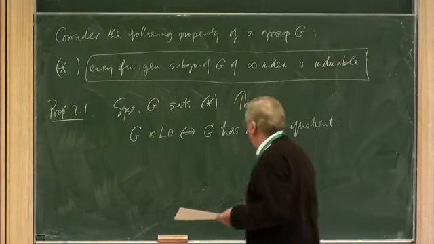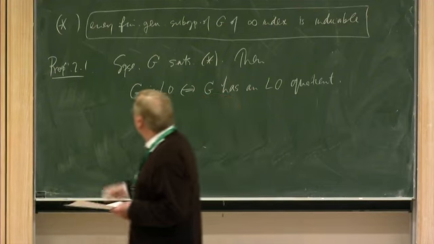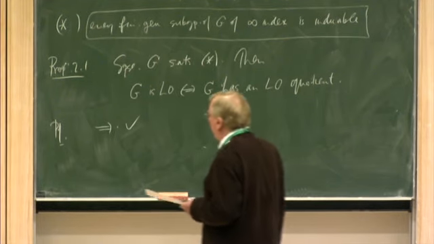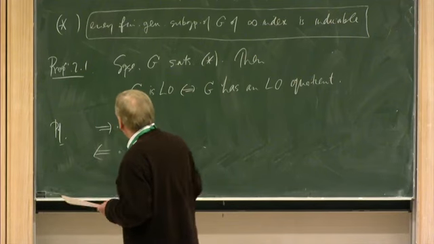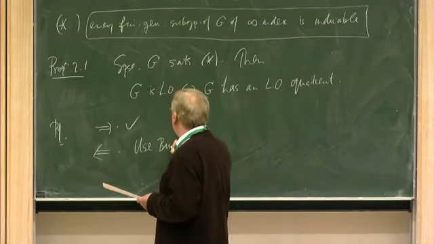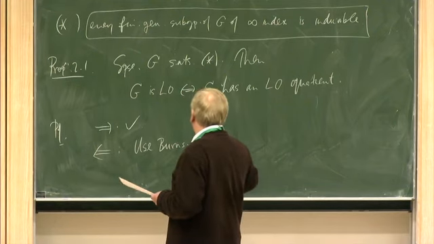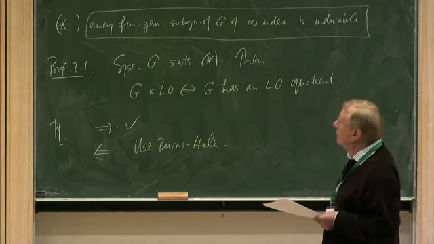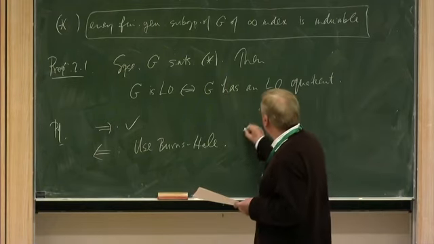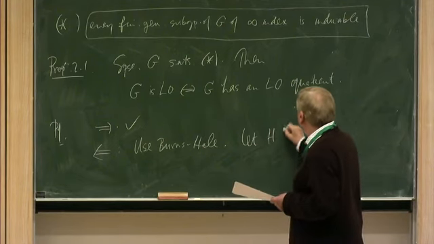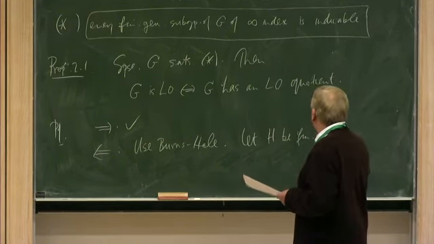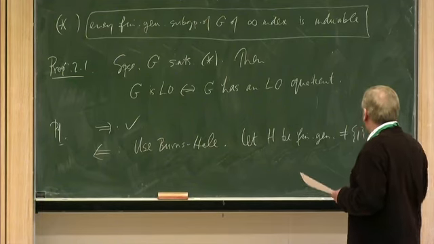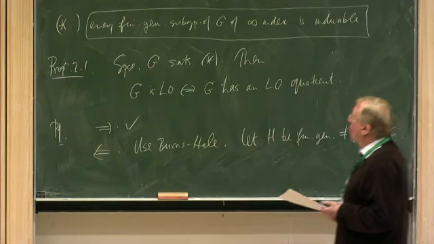Obviously, one direction is trivial. But for the converse, we'll use Burns-Hale. We want to take a finitely generated non-trivial subgroup and prove that it has a left orderable quotient. So let H be a finitely generated non-trivial subgroup of G. Well, there are two cases.